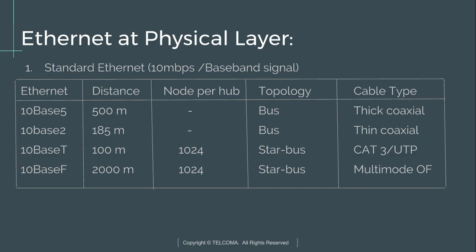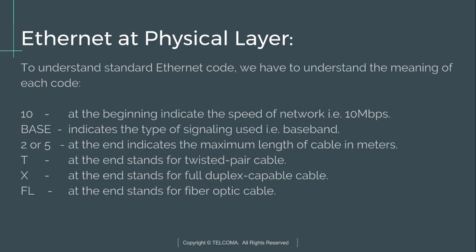And here 5 stands for the distance of transmission, 2 also stands for the distance of transmission, T stands for UTP cables, and F stands for fiber cable. These codes have their own meaning, and we have to understand them so that we can lay the effective Ethernet cable in the network. So this is all about Ethernet at the physical layer. Thank you.